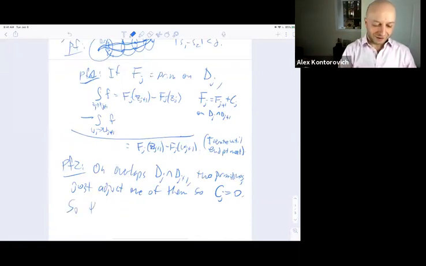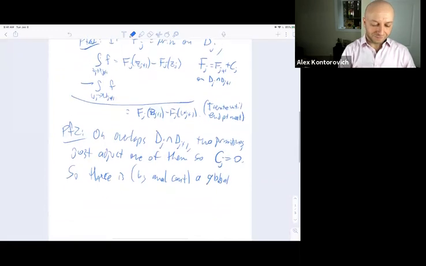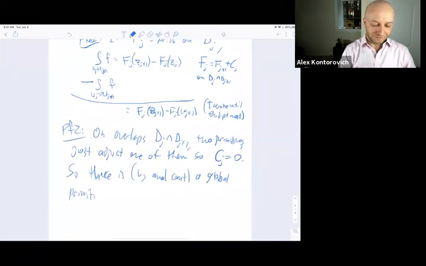So there is, by analytic continuation, a global primitive on the union of all of the disks.